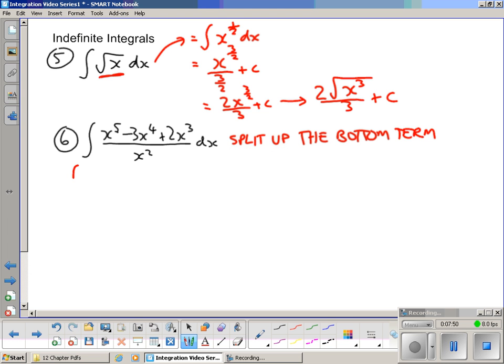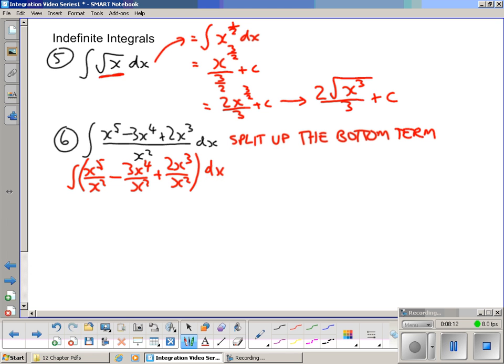So a rearrangement of this ends up being x to the 5 over x squared, separately to minus 3x to the 4 over x squared, plus 2x cubed over x squared. Better put that in brackets, I think, with a dx after it.